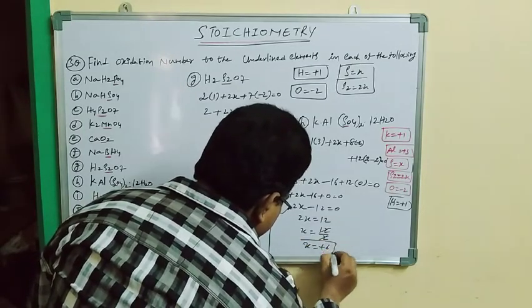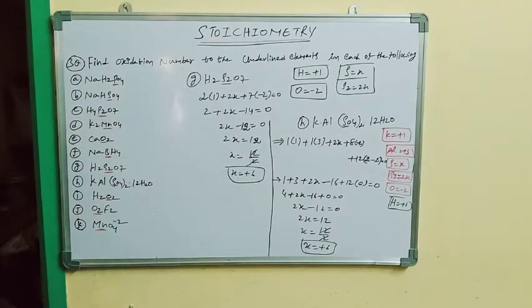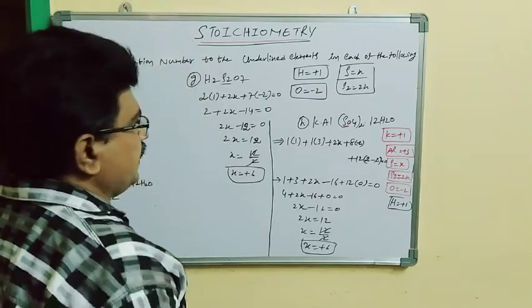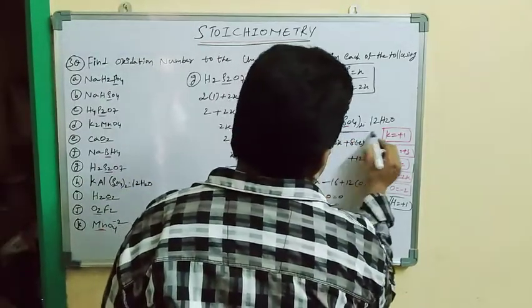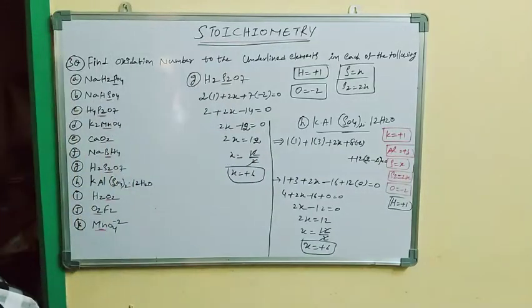What is the oxidation state of sulfur in KAl(SO4)2·12H2O? This is the formula of alum. The oxidation state of sulfur is plus 6.